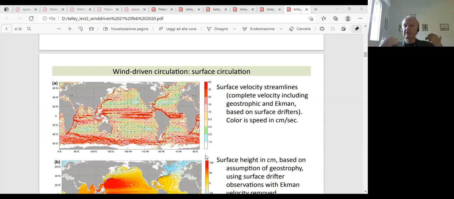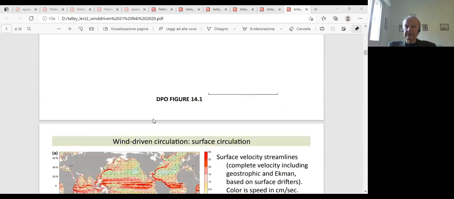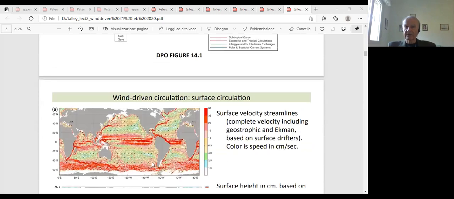The world ocean circulation is not only wind driven, but the whole world ocean circulation, independently of the cause of this circulation, whether it's thermohaline, geostrophic, or Ekman-based circulation. And here again you can see that they are very similar to the previous figure.